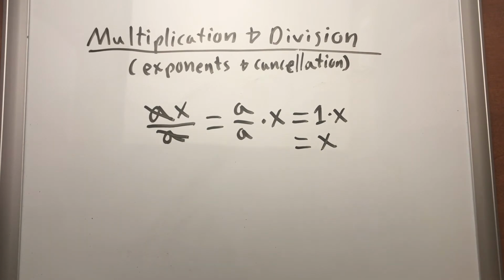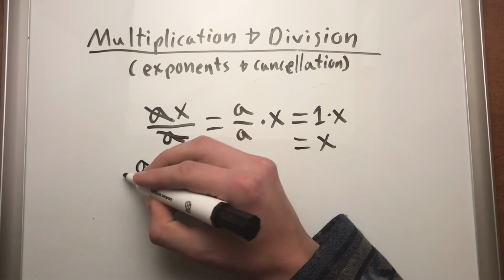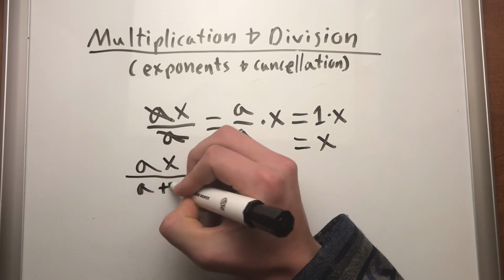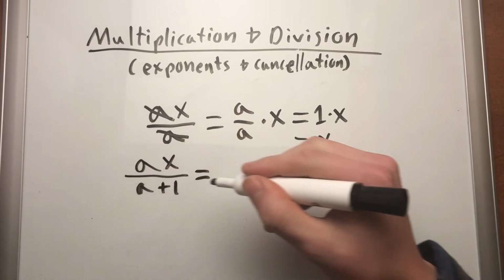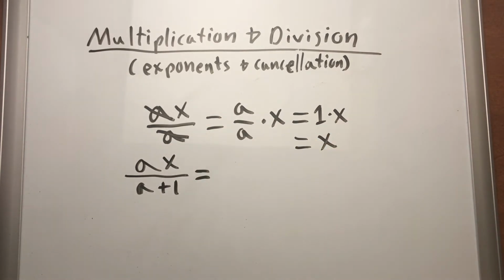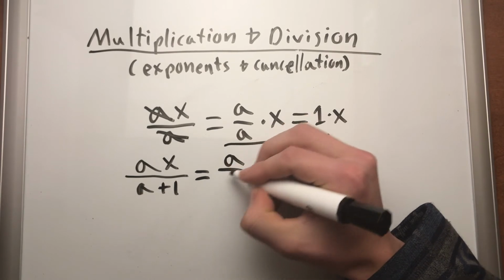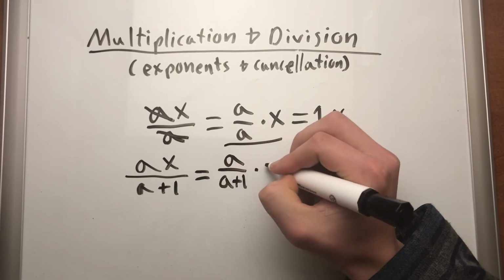Now, what if you had the expression ax over a plus 1? Could you, in this case, cancel out these two a's? No, you can't, because we don't get this same type of effect here. What we would get instead is a over a plus 1 times x.